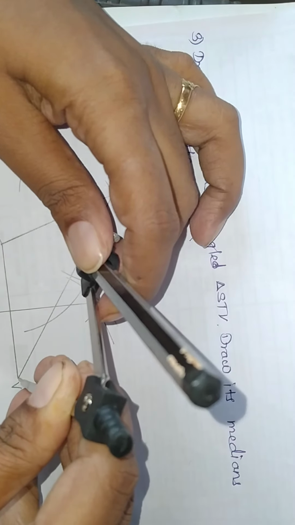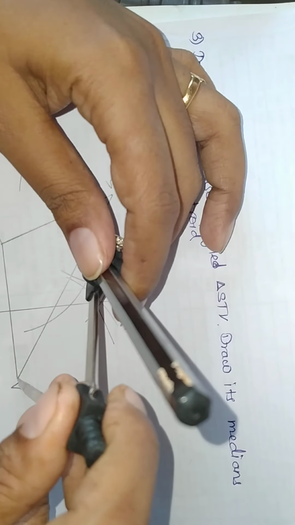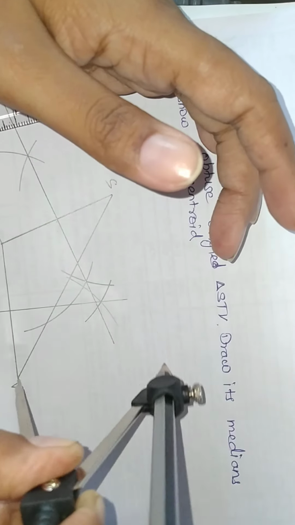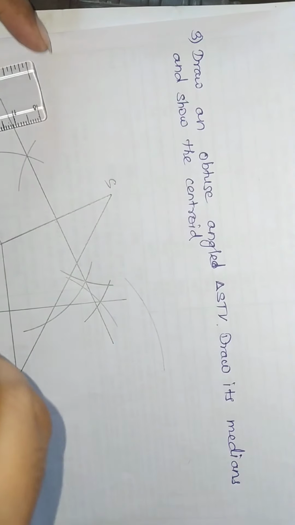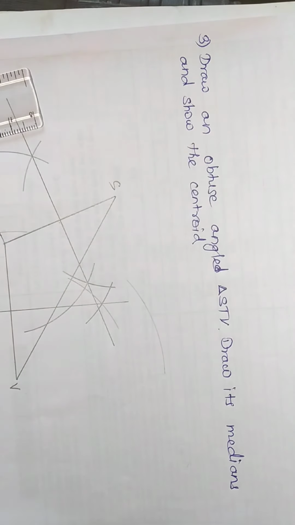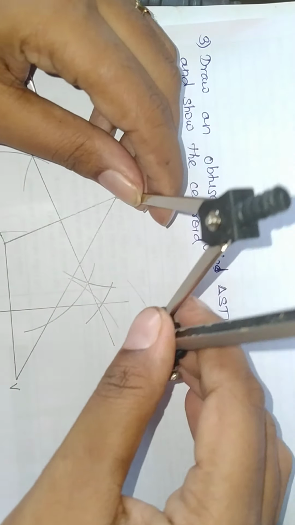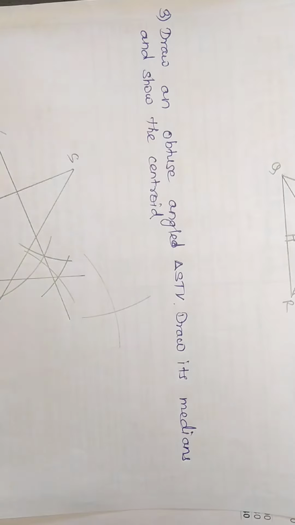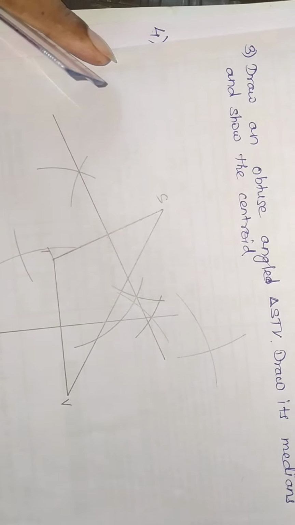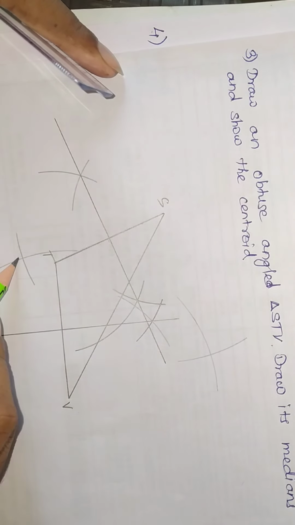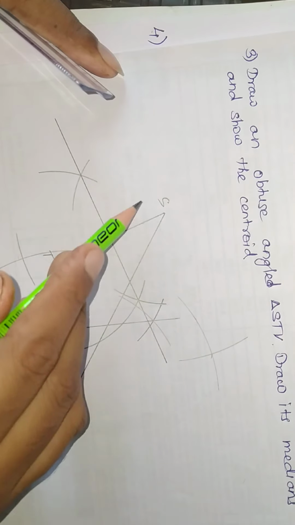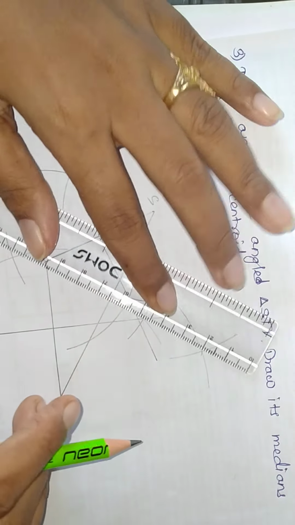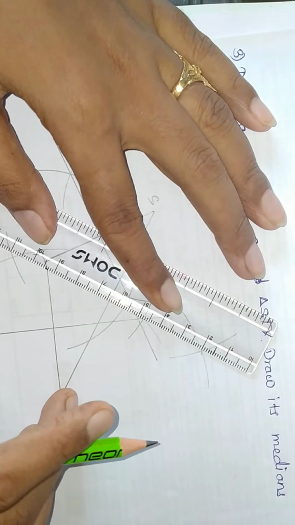See, more than half distance. Draw the arcs. You can take a little bit extra because it should coincide. Now 2 points we got. One is this and one is this for segment SV. Now let's join these points.